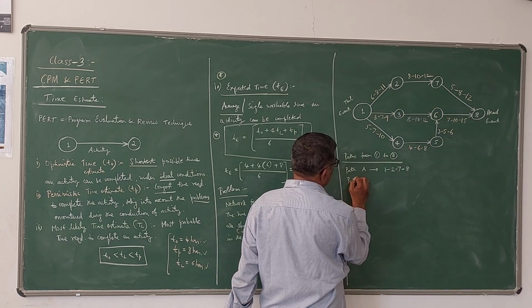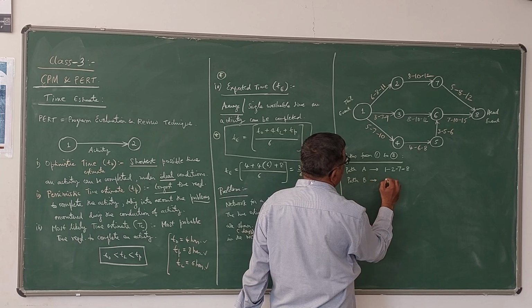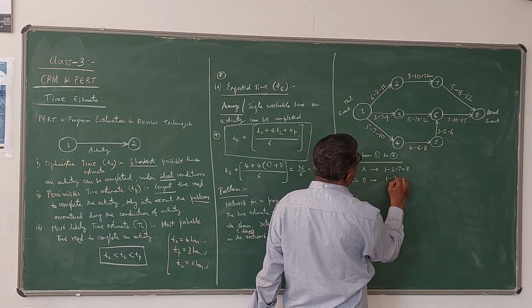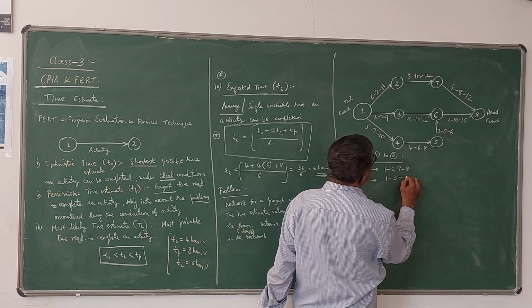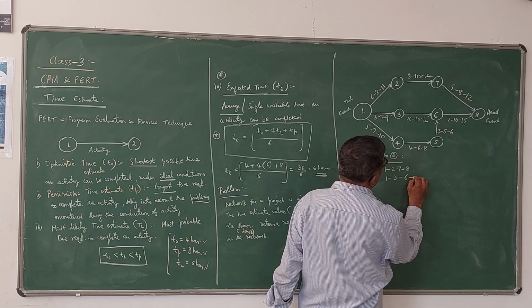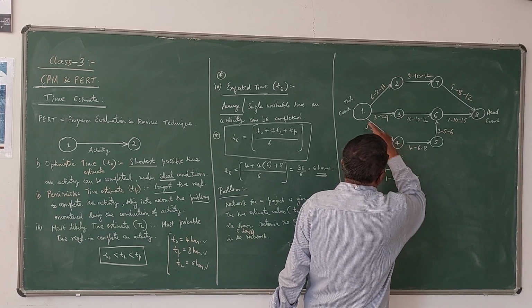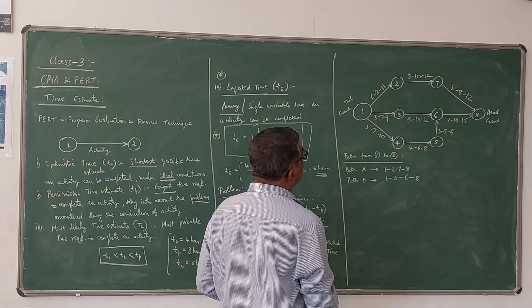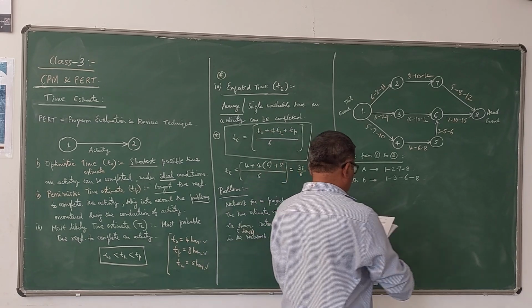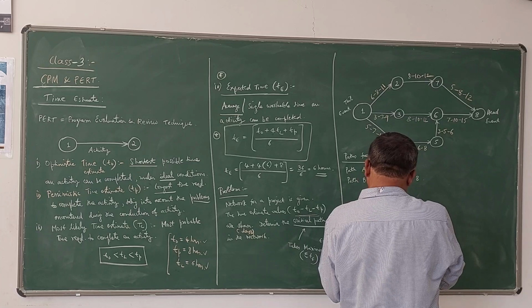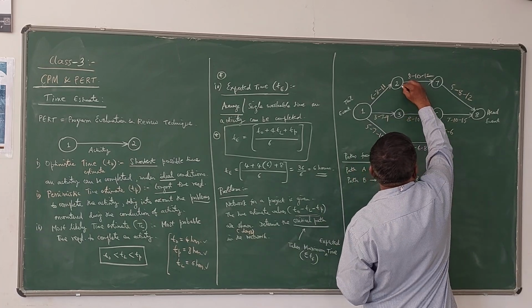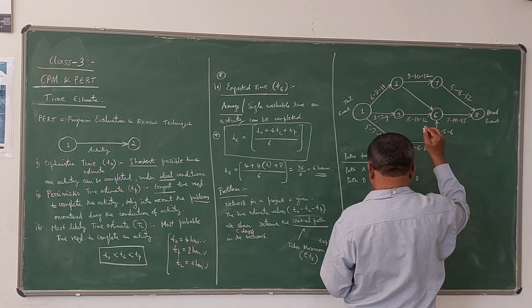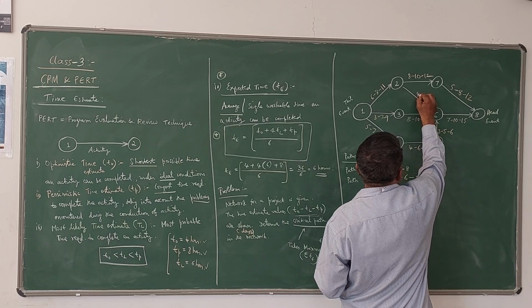Path B, I will take 1 to 3, 3 to 6, 6 to 8. This is the second path. Next, there is one more path here.